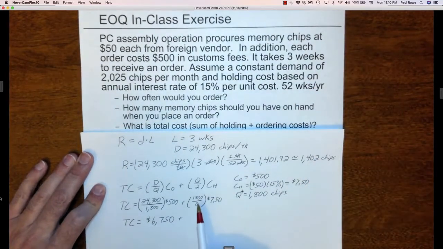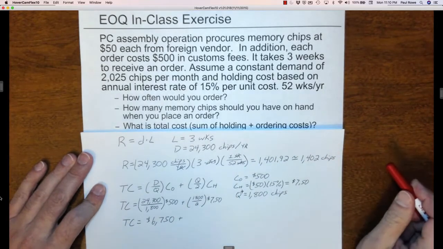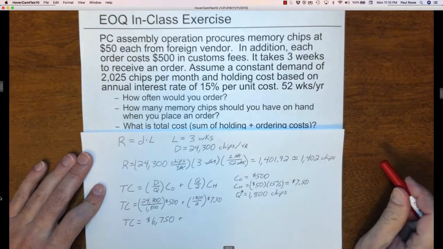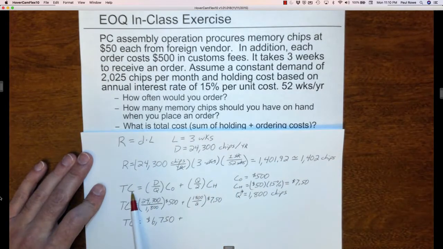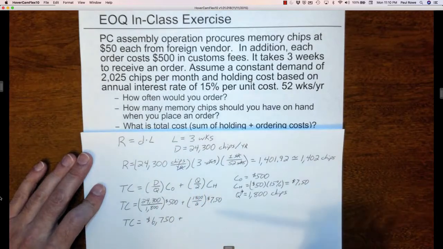Well, what does the EOQ formula do? The EOQ formula, which is derived from this, is found by calculating the derivative, setting it equal to 0, and then solving for Q. So the EOQ formula is balancing the ordering cost and the holding cost.